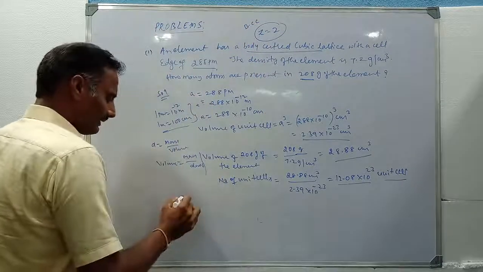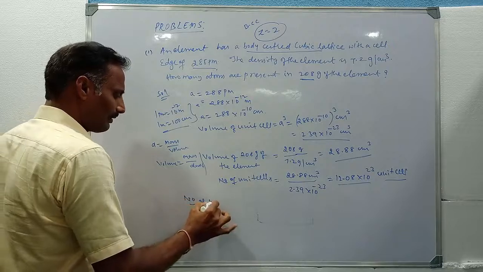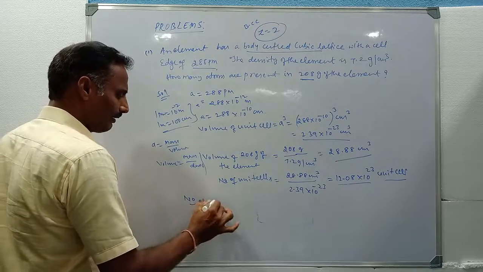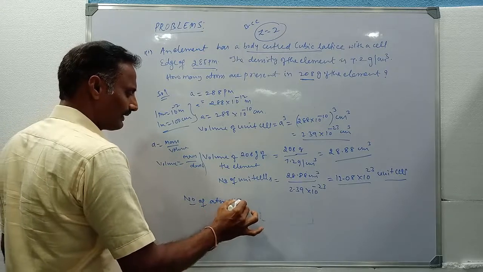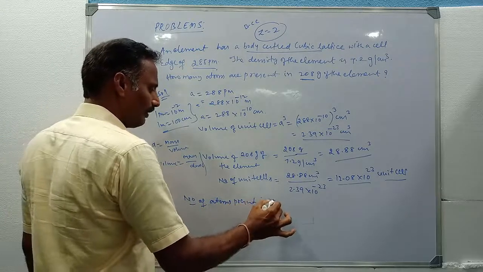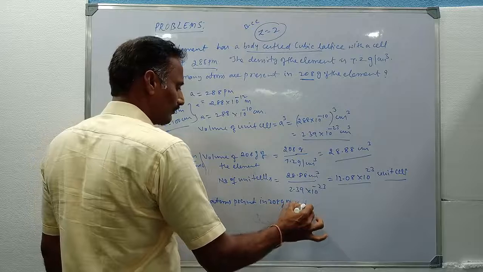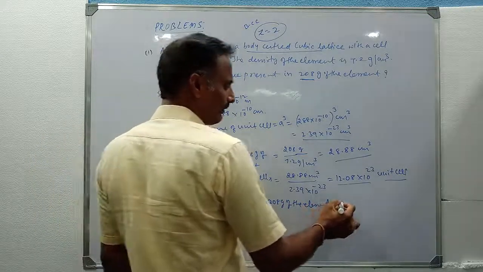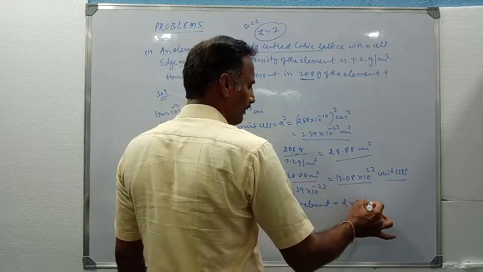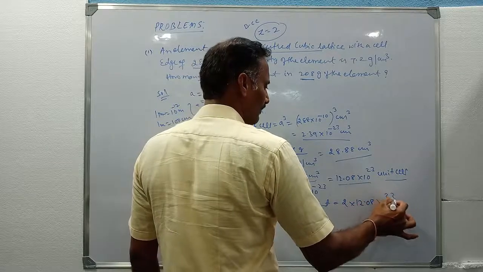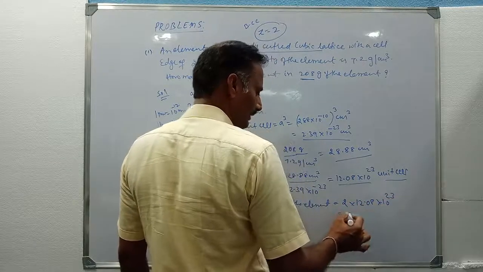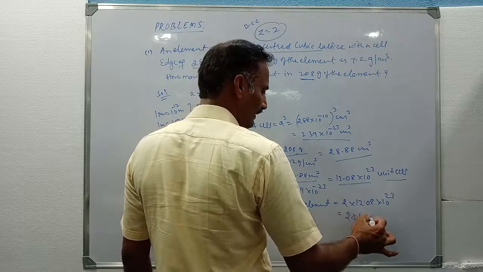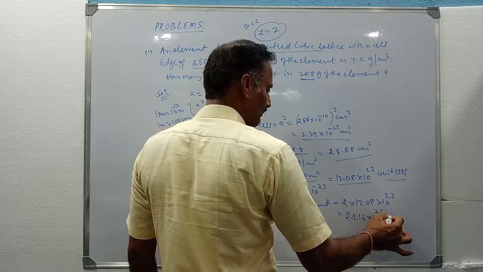Therefore, the number of atoms present in 208 gram of the element is equal to 2 into 12.08 into 10 to the power of 23, that equals 24.16 into 10 to the power of 23 atoms.